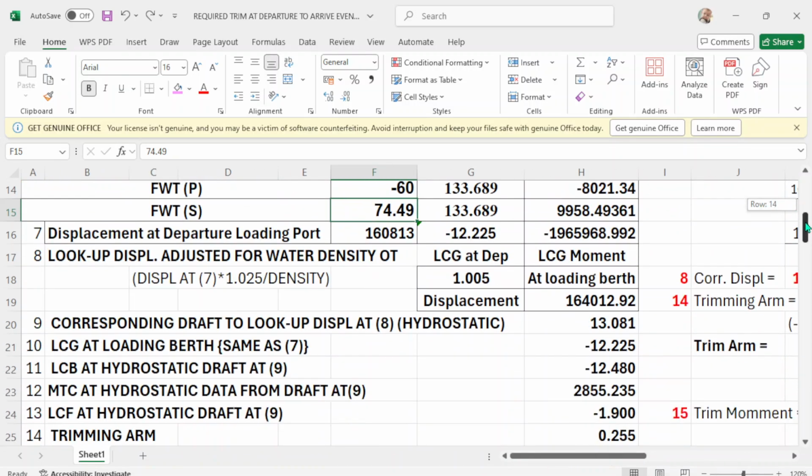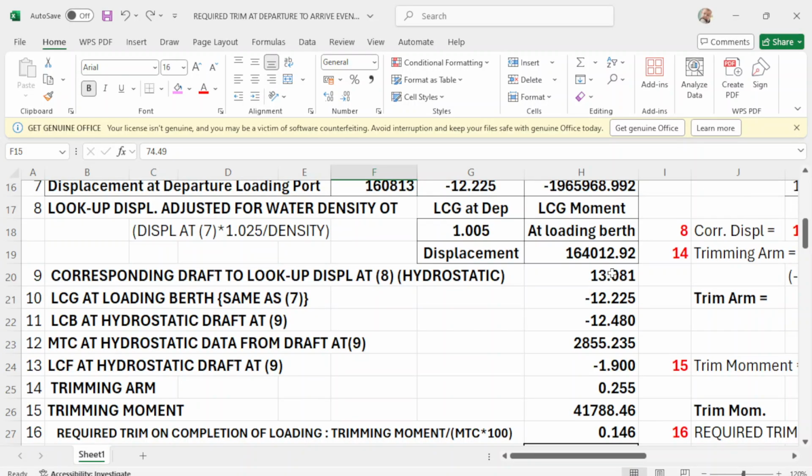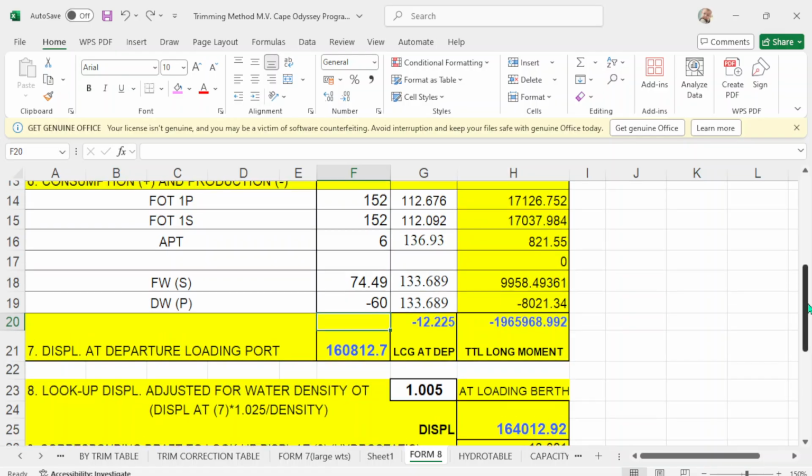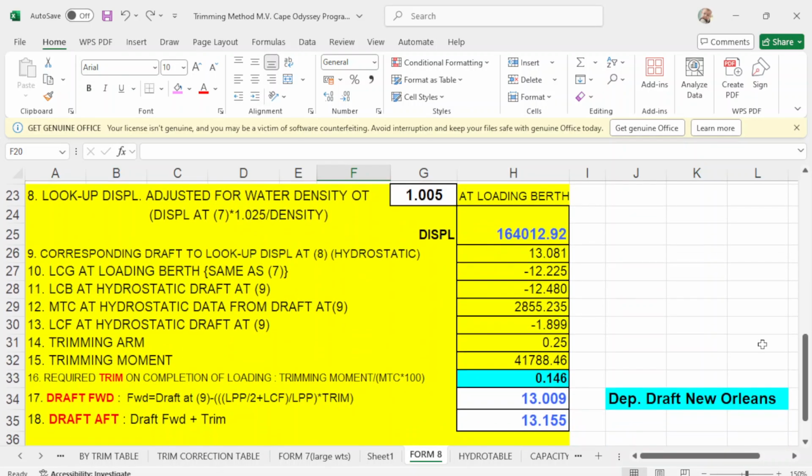The next, since you have already the displacement of 164,012, what is the corresponding draft? Look up the displacement in the hydrostatic table for number 8. So what is the draft here? 164,013.